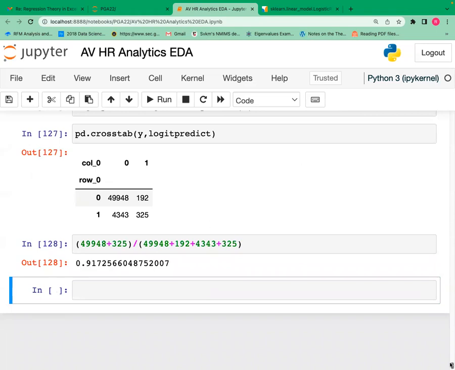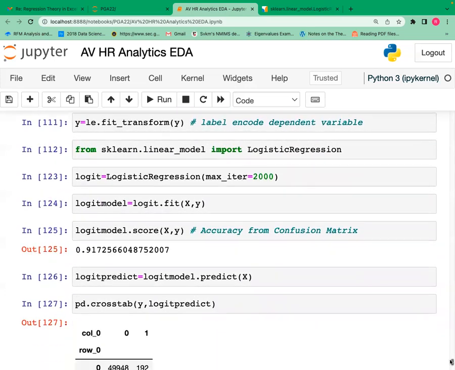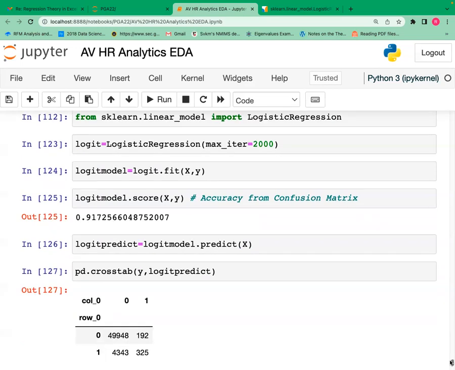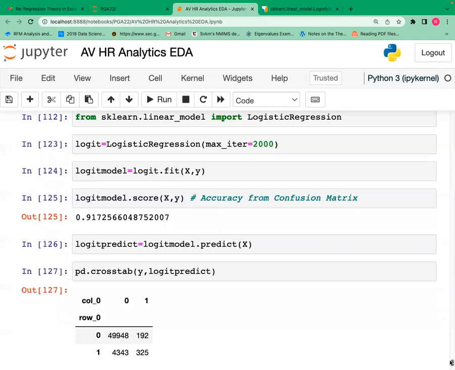So whenever you are doing these classification problems or regression problems, whenever you see this convergence warning, the thing you have to do is increase the iterations. Whenever you see convergence warning, that means the iterations are not enough for the coefficients to be calculated. So if with 2000 iterations you also get an error, you can go up to 3000, 5000. In some data sets, we give 10,000 iterations also.